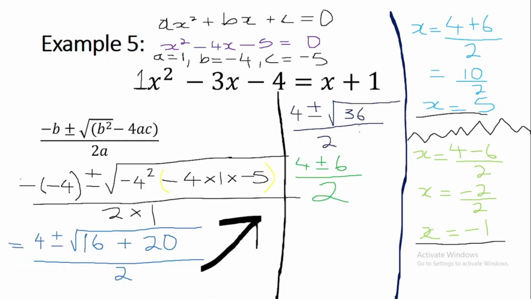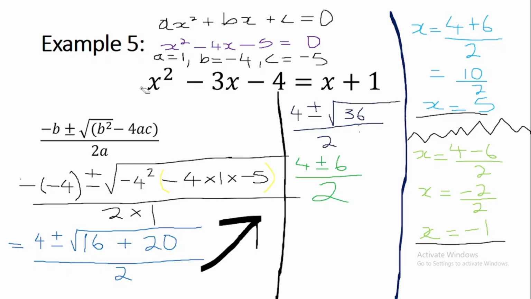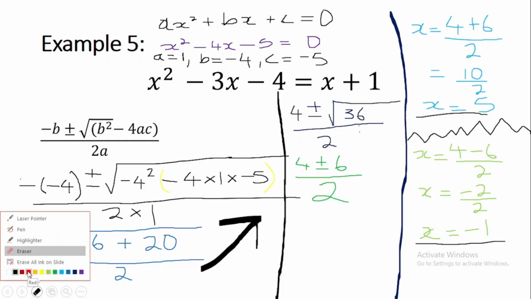If you notice right here, our original equation was x squared minus 3x minus 4 is equal to x plus 4. We just moved over the terms just as we do when solving linear equations. By moving over the terms, we have our equation equal to 0, and we need to have our equation equal to 0.